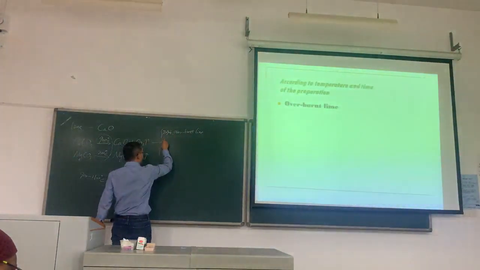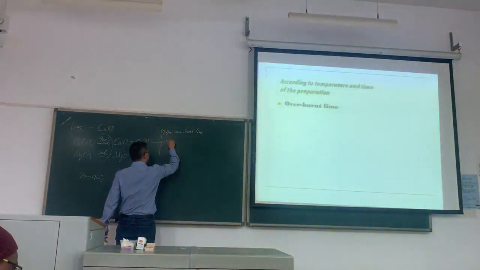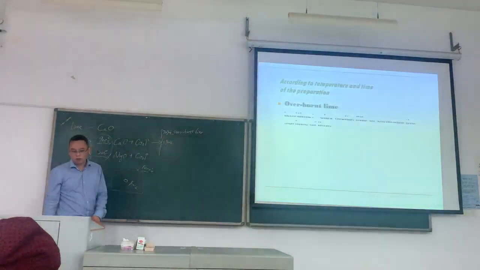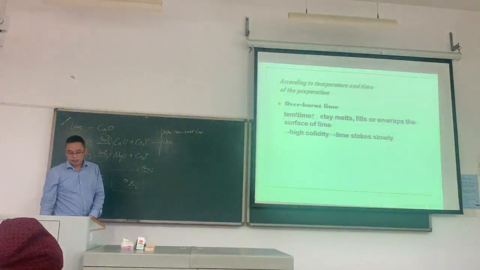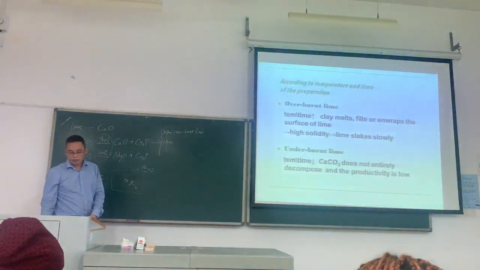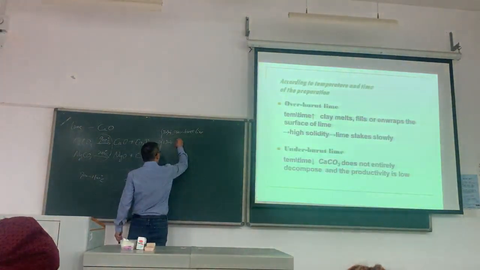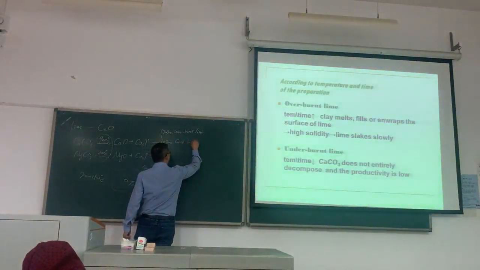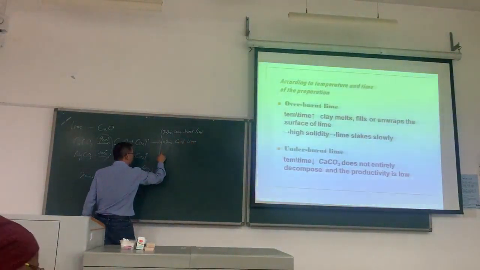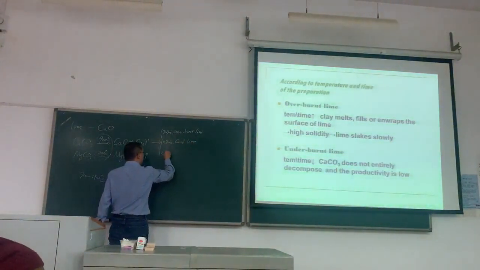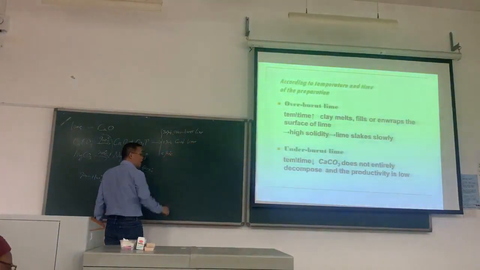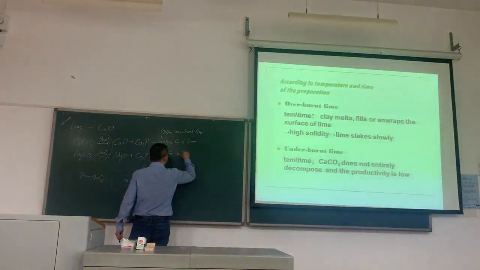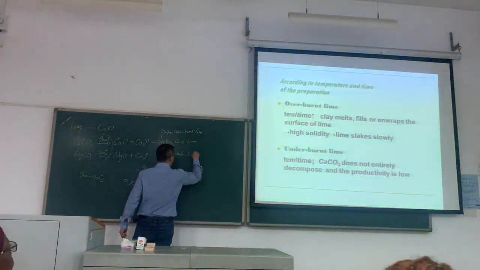If the temperature is 900 centigrade, we get normal burnt lime. But if the temperature is below 900, we will get underburnt lime.